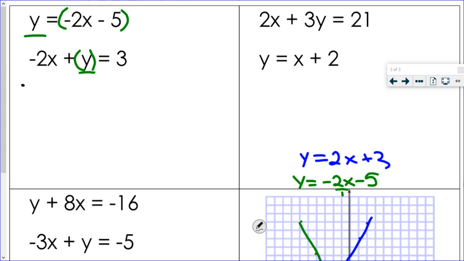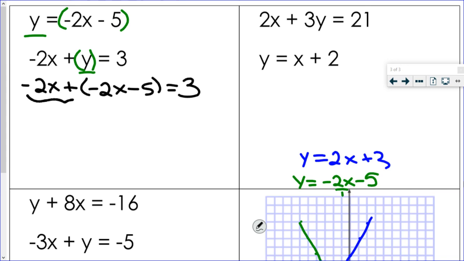So this bottom equation is negative 2x plus negative 2x minus 5 equals 3. I'm substituting into the other equation. So that becomes negative 4x minus 5 equals 3. Then I'm going to add 5.